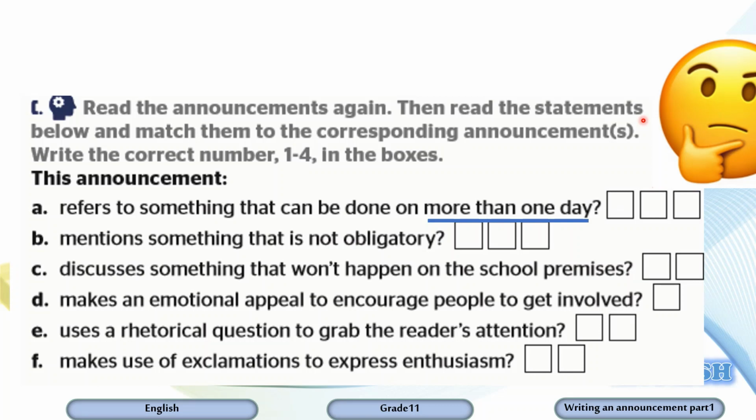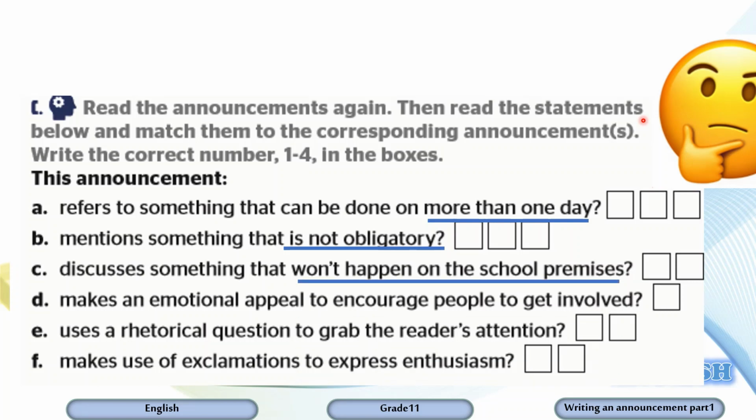Number B, which announcement mentions or talks about something that is not obligatory or is not necessary. Number C, which announcement discusses something that won't happen. This is the short form of will not. That won't happen on the school premises. So premises is the building itself.